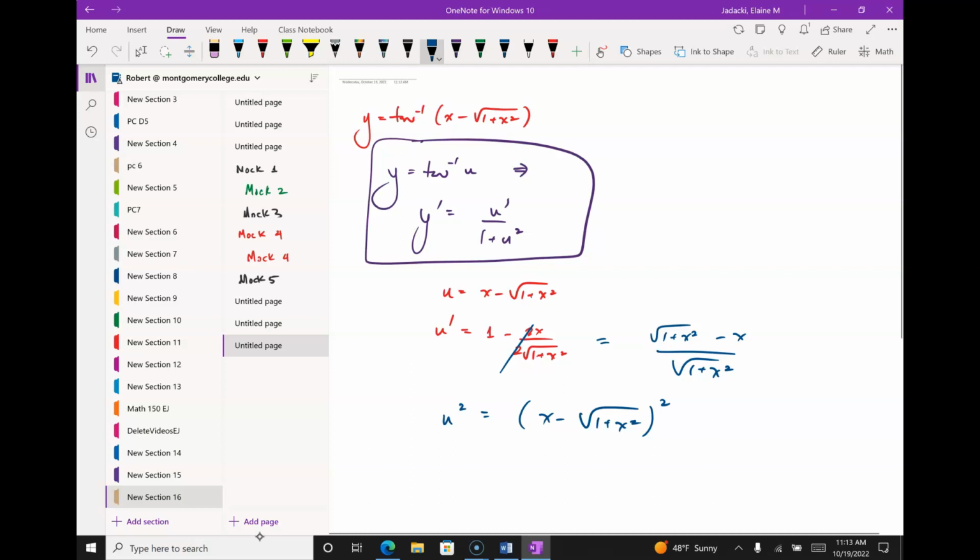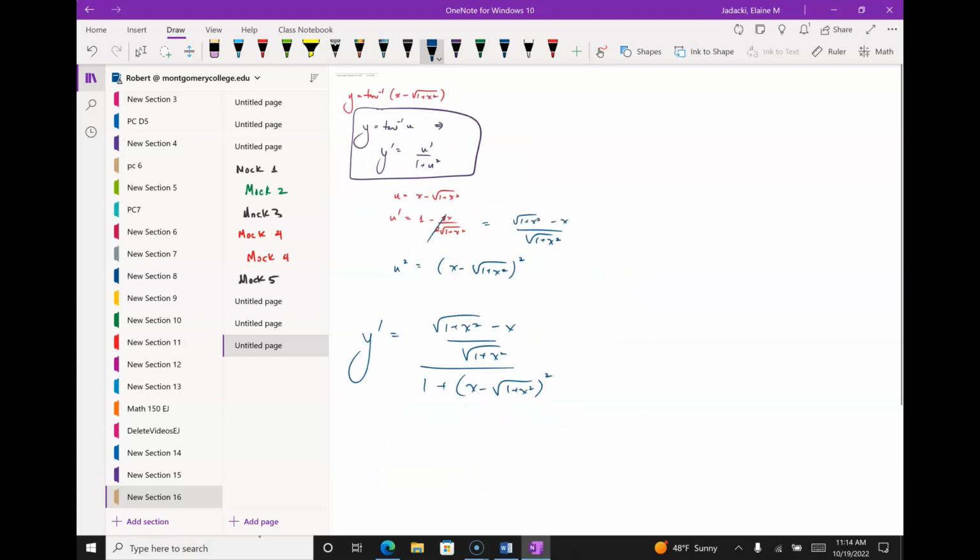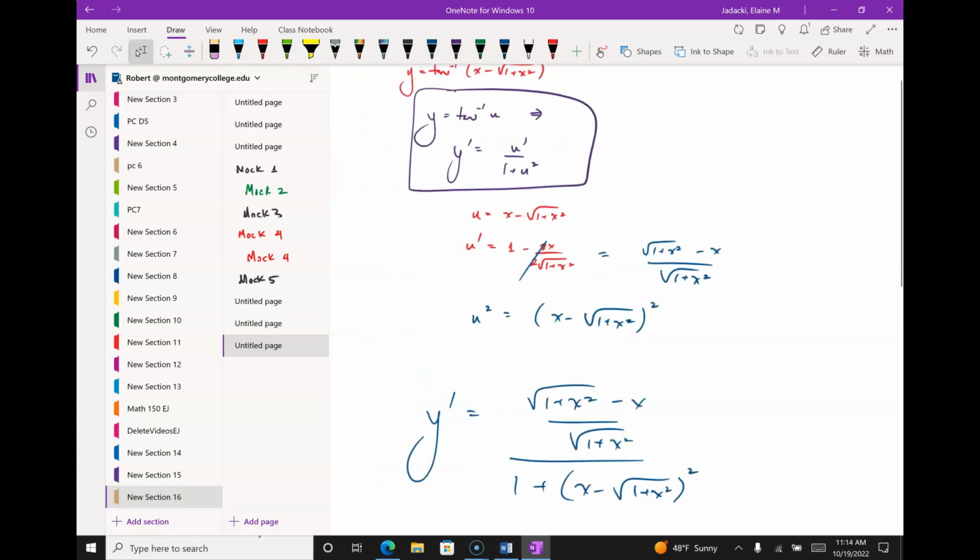It's really messy and easy to make a mistake, right? So what do I get now for y prime? I get all of this, that's my u prime, over 1 plus this quantity squared.